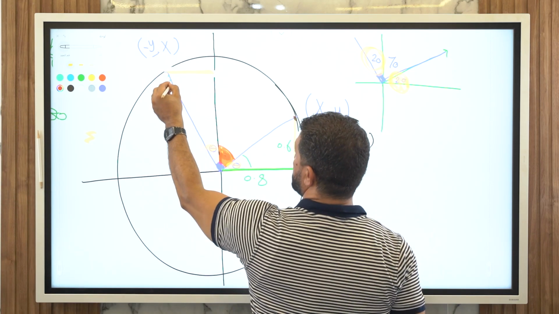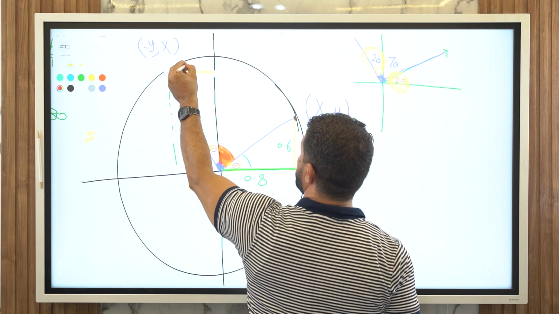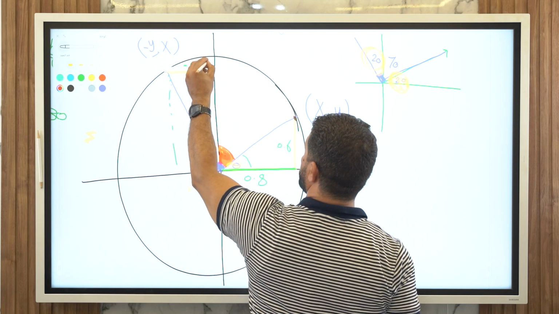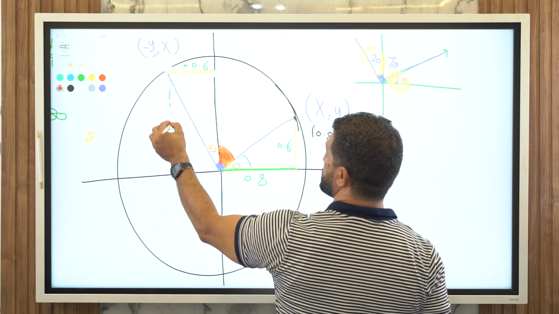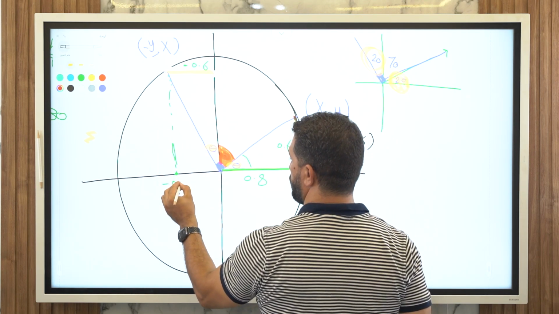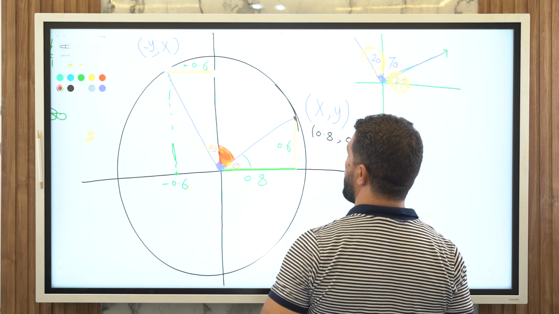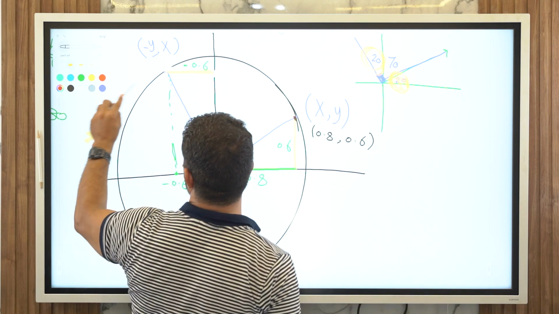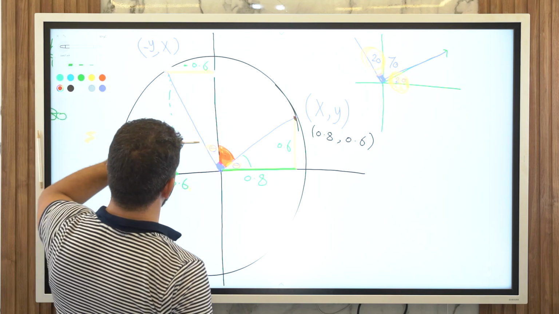0.6 but negative. So here it's negative 0.6. This is on x, the x-axis. This is negative 0.6. Okay? And here this is 0.8. So the length here is going to be 0.8.